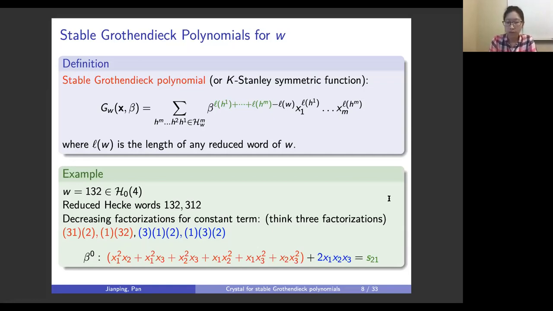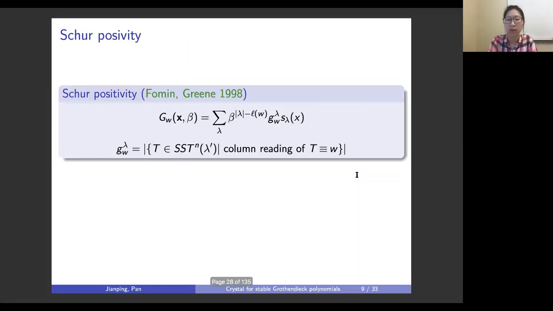So is it always true that for each beta term, you can write it as a sum of Schur functions? Alternatively, is the stable Grothendieck polynomial Schur positive? The answer is yes.